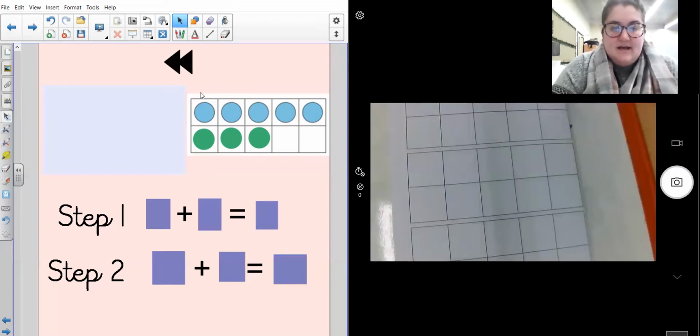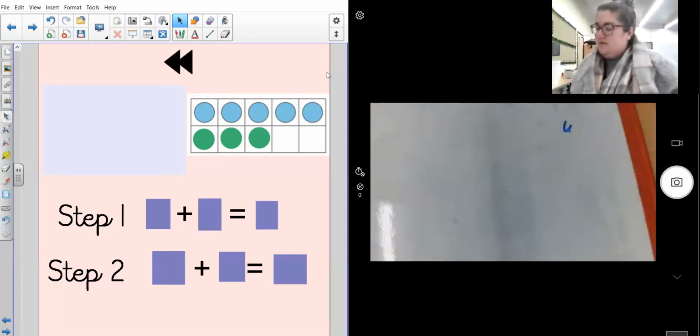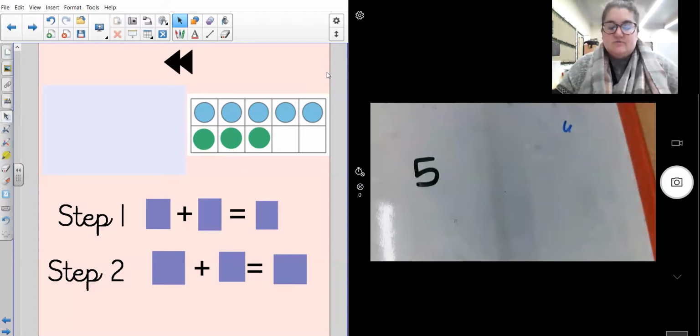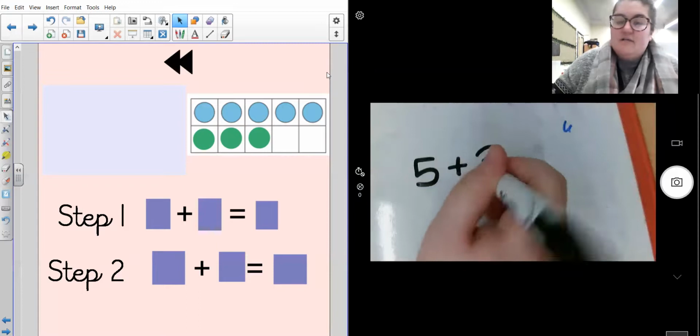So let's see. I can see 1, 2, 3, 4, 5. I can see 5 blue circles. How many green circles can you see on this 10 frame? Well done if you said you can see 3.